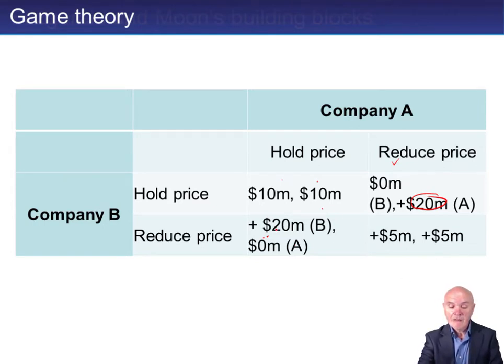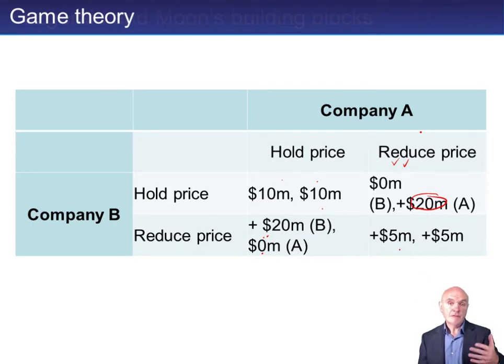So I'm faced here with either getting 0 or 5 million, and again, 5 million is better. The reduction of price option is better. So no matter what company B does, whether holding its price or reducing its price, company A will be better at reducing its price.